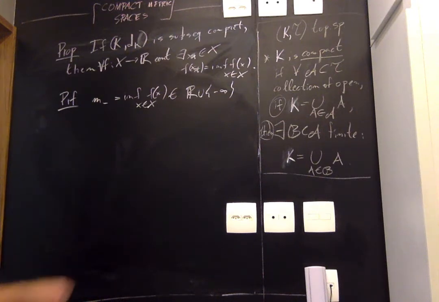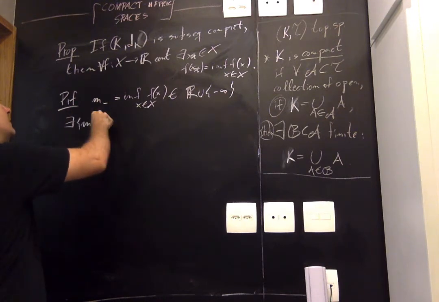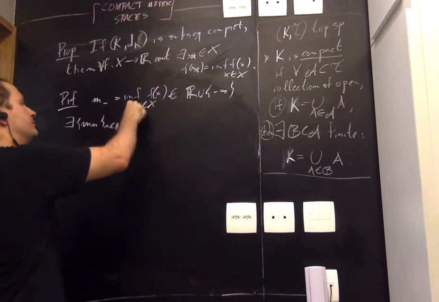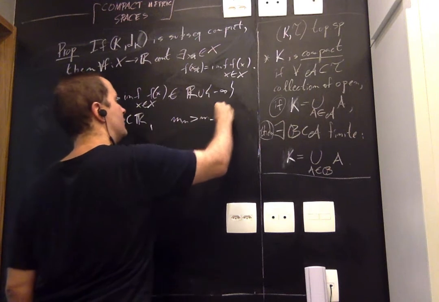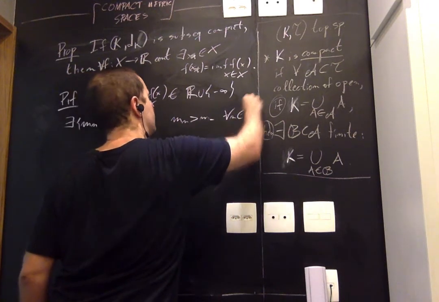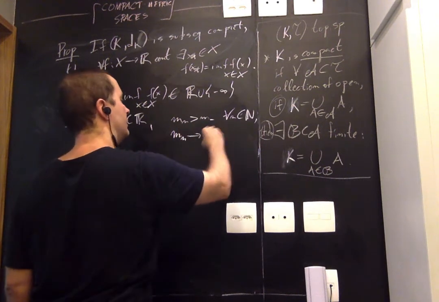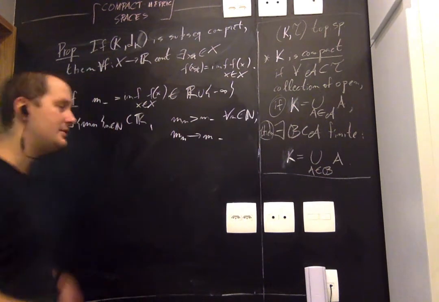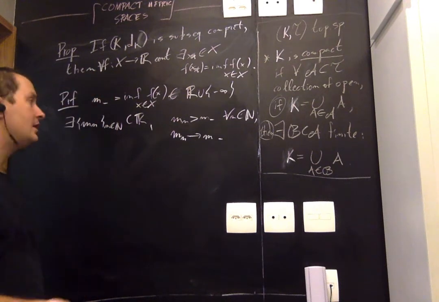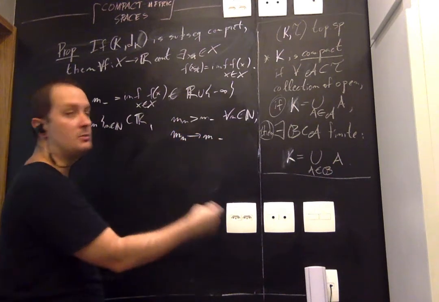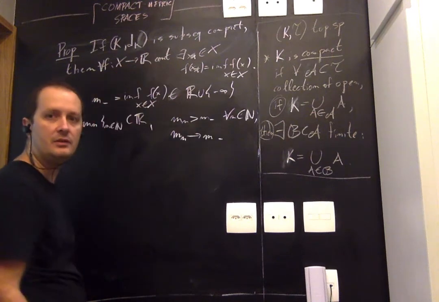But that doesn't really matter, because we know that there exists a sequence in the real line such that m sub n is greater than m minus for all n, and m sub n converges to m minus. That's easy. Just take a decreasing sequence going to m minus. Well, if m minus is just a real number, then I can take m sub n to be m minus plus 1 over n, say. Otherwise, I can just take some sequence that goes to minus infinity, and then we're done.